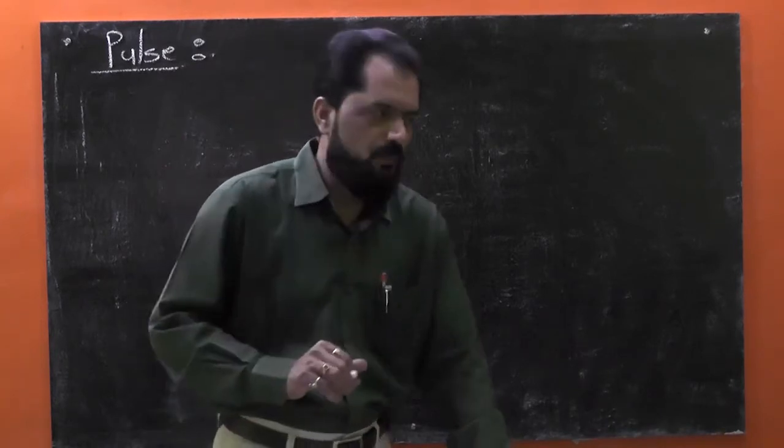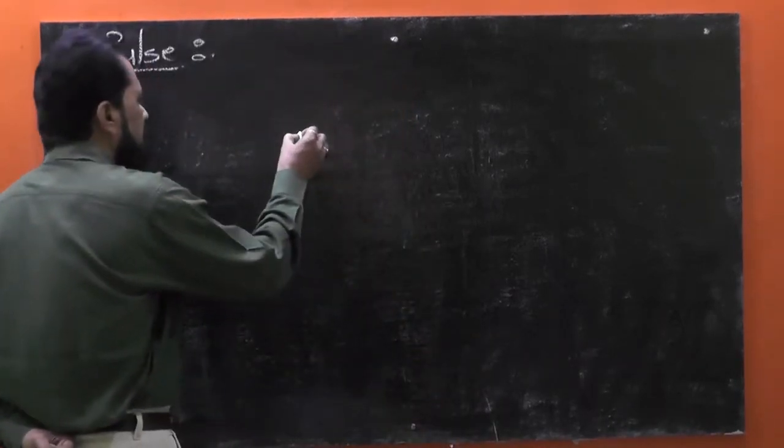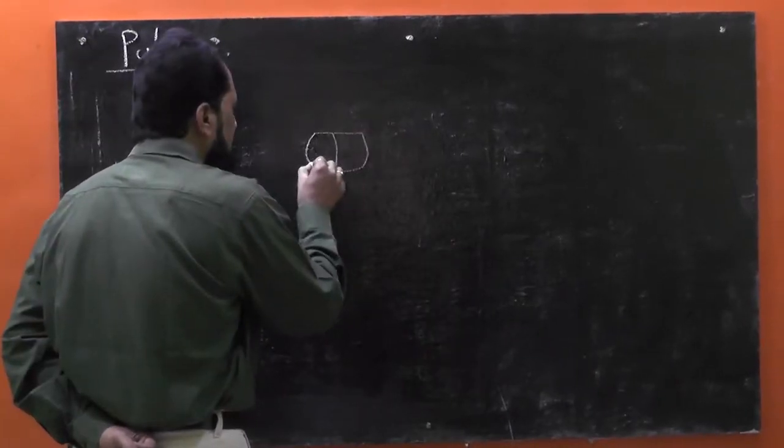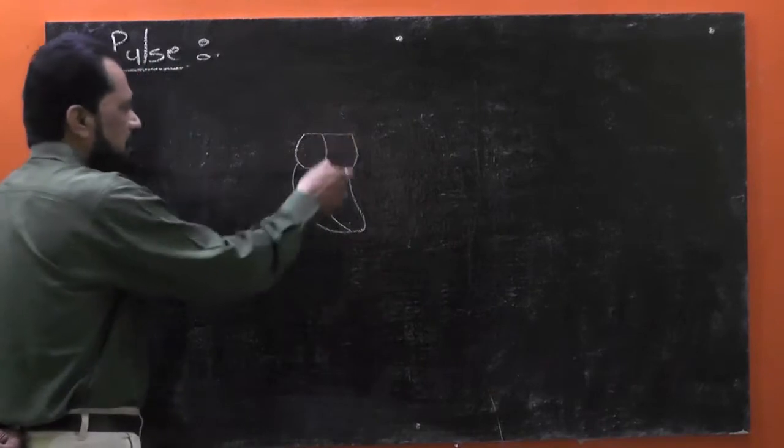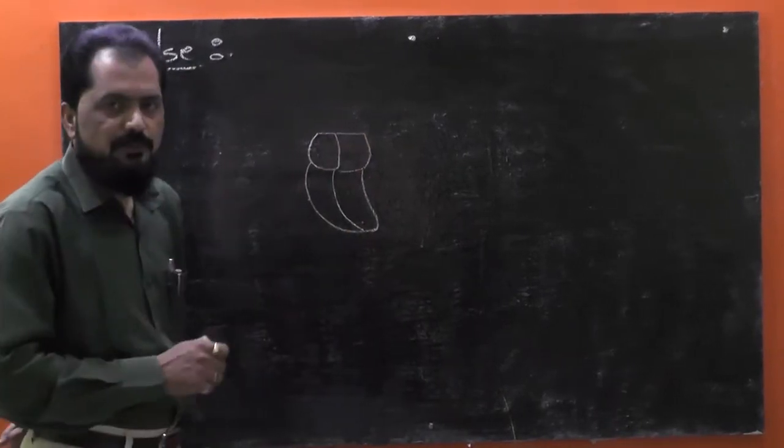Let me explain you. Suppose, consider here is outline diagram of heart. I am going to show the left part and right part of the heart.